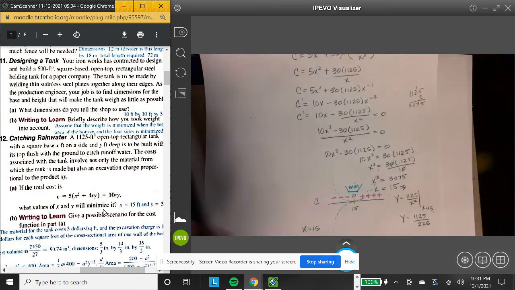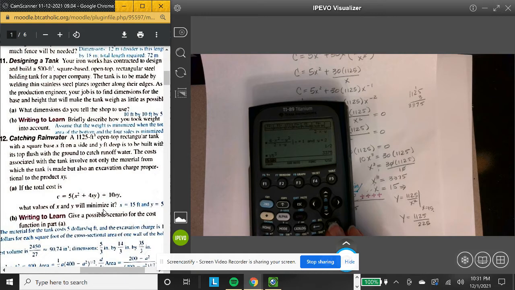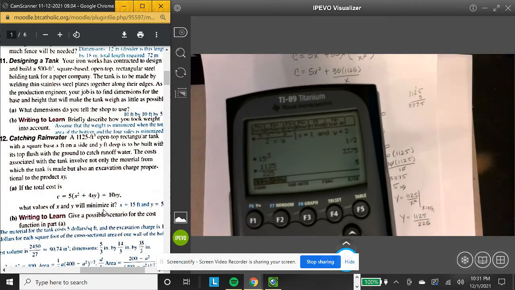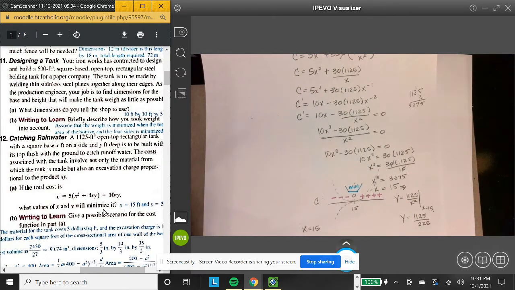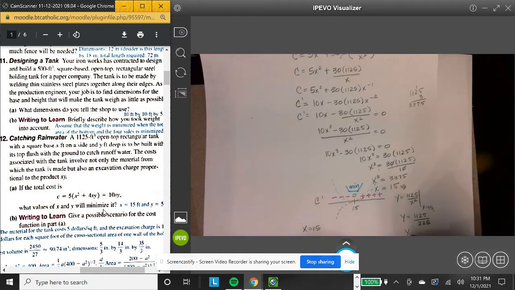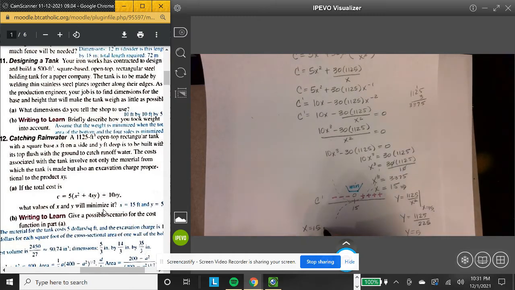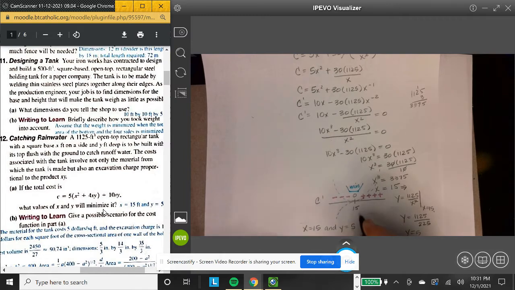And let's see really quickly what 1125 divided by 225 is. If you can't see that, that says 5. So y equals 5.